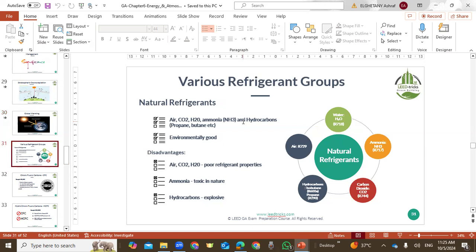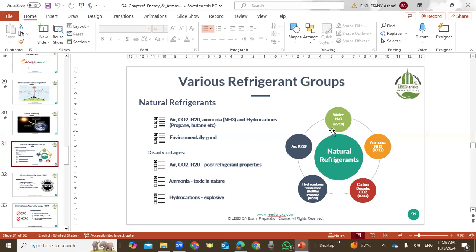these components for both reasons: to reduce greenhouse gases and to reduce ozone depletion. So you can use natural refrigerants instead of CFCs. CFCs, chlorofluorocarbons, damage the atmosphere, so we need to use natural refrigerants.